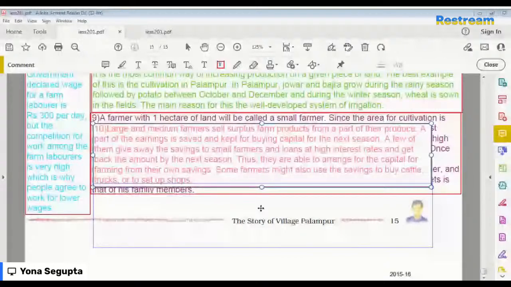The case would have been different if Savita had taken a loan from the bank, because the rate of interest would have been lesser than what Tejpal Singh asked from Savita. Also, she would have been able to pay complete attention to her own field during the time of harvest. So this is the total answer, that is number 11.